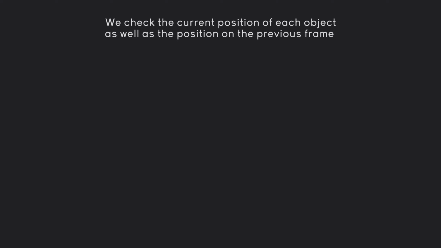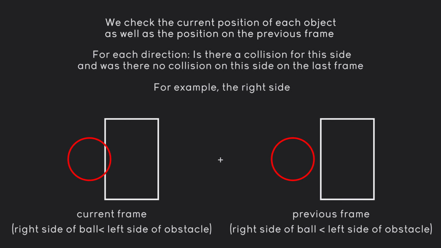Essentially, we are going to check for every single sprite the current position and the position on the previous frame. And essentially what we are going to do is we are checking for each direction if, for example, the right side of a ball is greater or equal than the left side of the obstacle. And on top of that, we are also going to check where each of these sprites were in the previous frame.